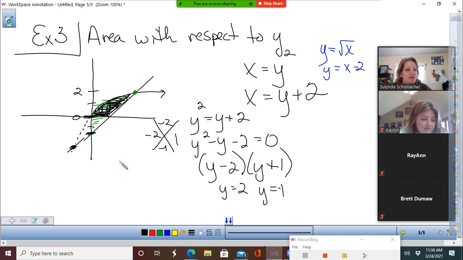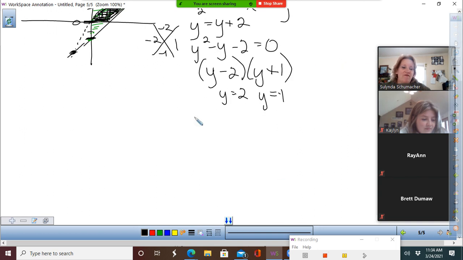All right? So let's set that area up, find that piece. So we're going to do the area equals the integral from 0 to 2. And then remember when we're doing it with respect to y, we do the right side first, which is the line, right? So that's y plus 2.